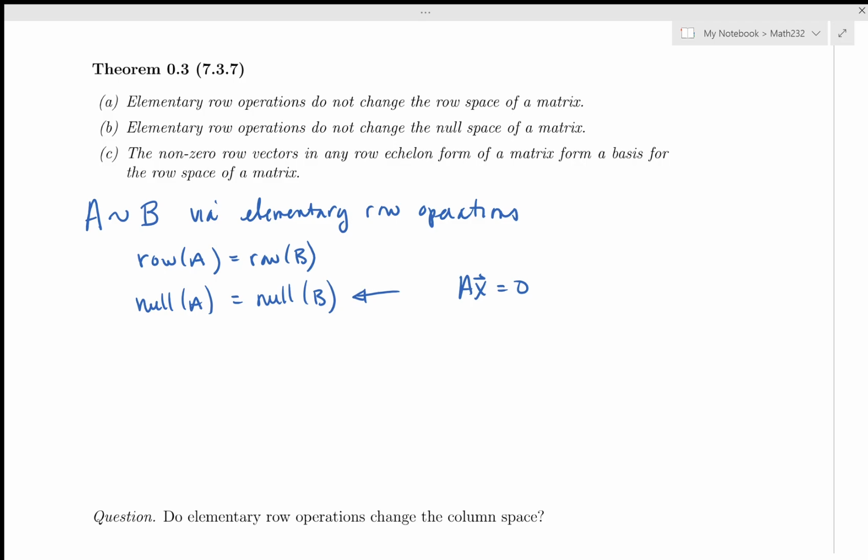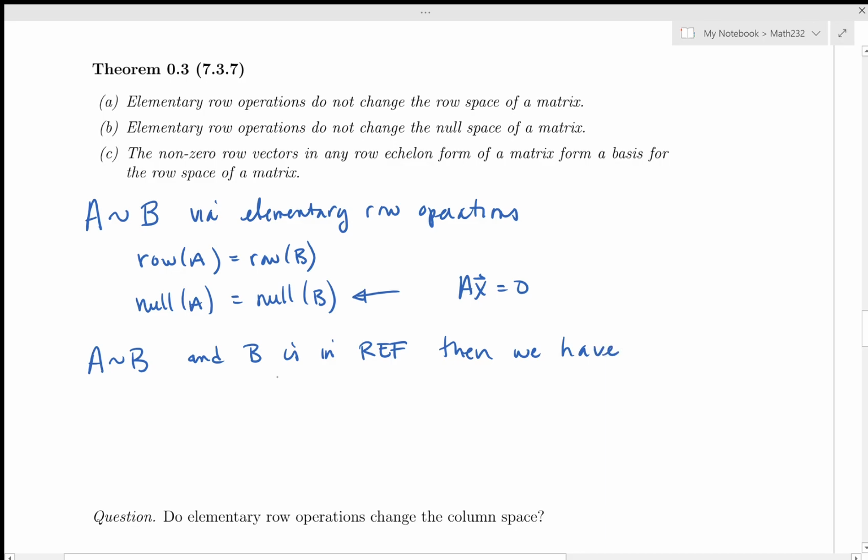Okay, if we take A and we row reduce it down to B, and B is in row echelon form, then we have eliminated any linearly dependent rows. They turn to 0.